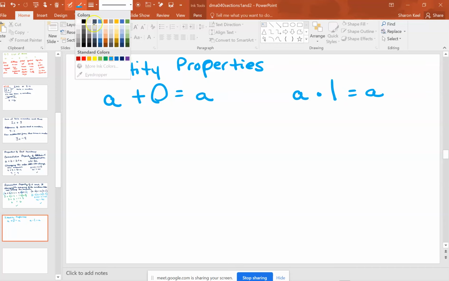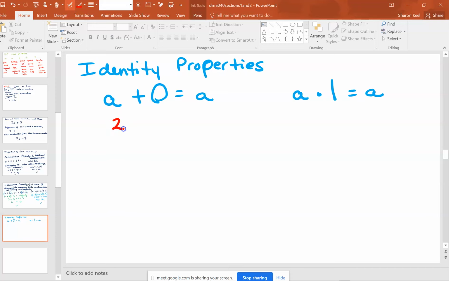So if I substituted some values here, and let's say I had 2 plus 0, my answer is 2. Here, if I had 5 times 1, 5 times 1 is still 5. So the identity property is that we can either add 0 or times by 1, and we would still have the same answer. The next concept that we jump into is when you see the term additive inverse.